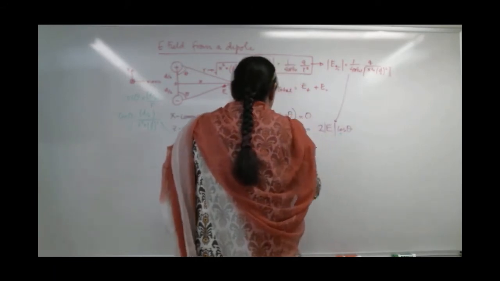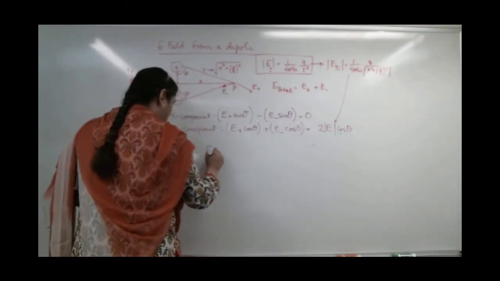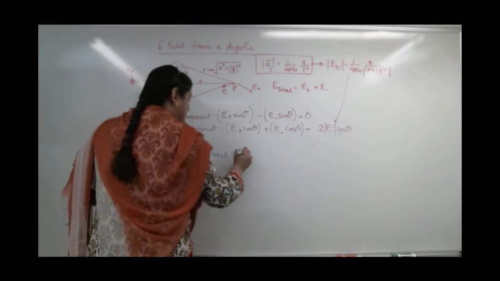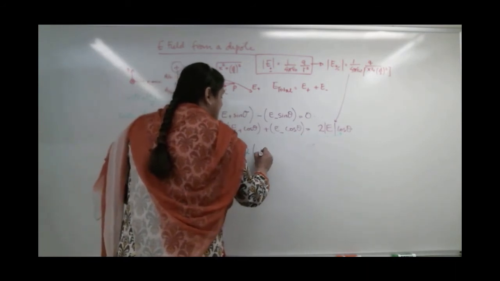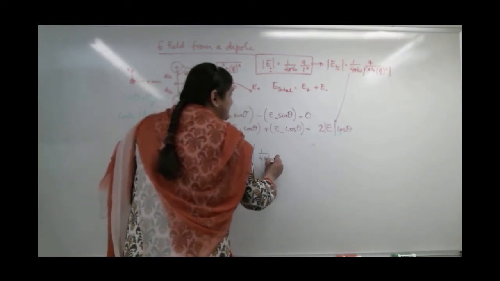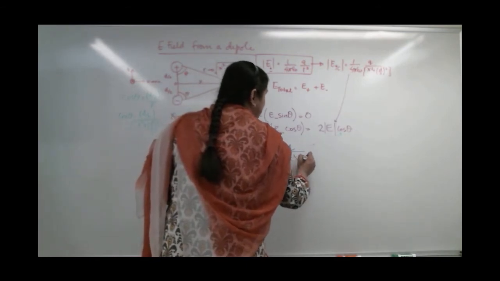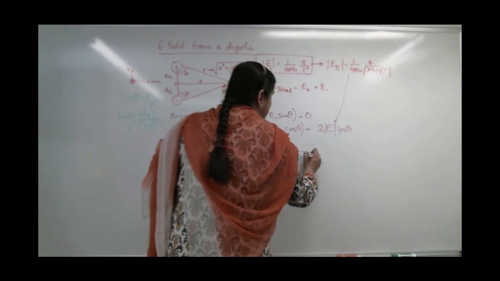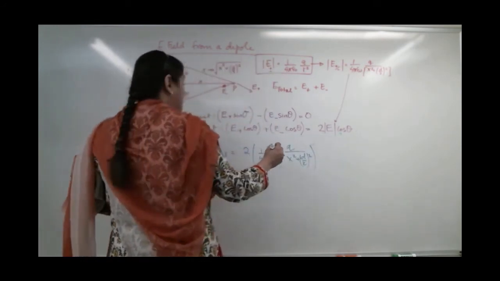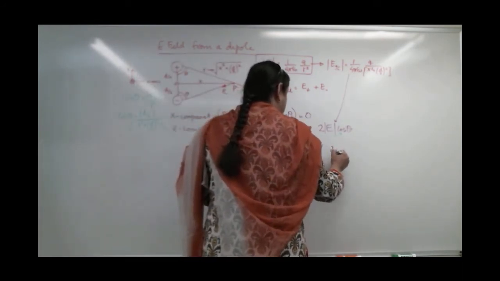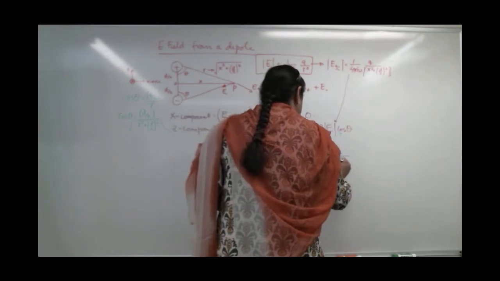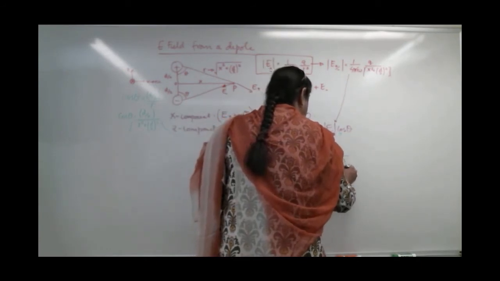So I'm going to start over here. E total will equal 1 over 4 pi epsilon naught, q over (x squared plus (d over 2) squared), times cosine theta, which is d over 2 divided by the square root of x squared plus (d over 2) squared.